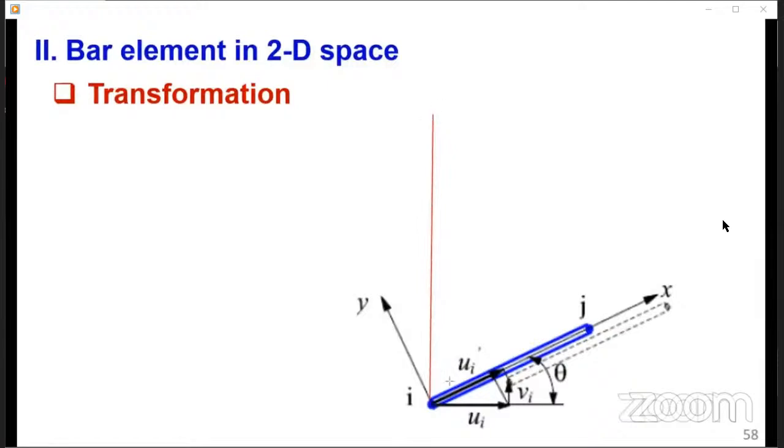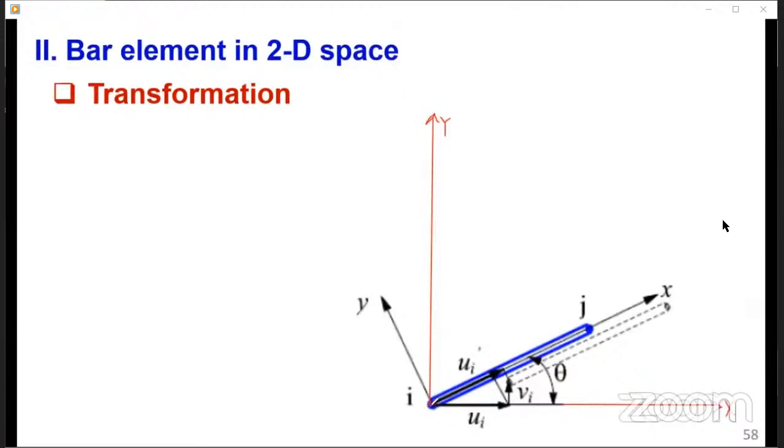This is the capital Y, and this is the capital X. So we are going to transform all the components into this coordinate system.